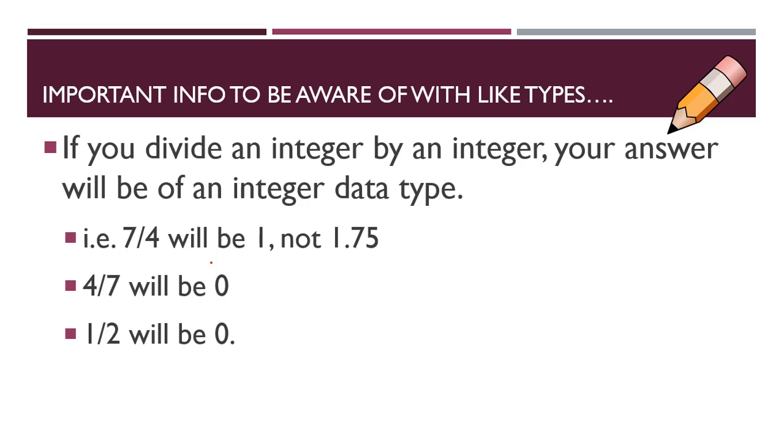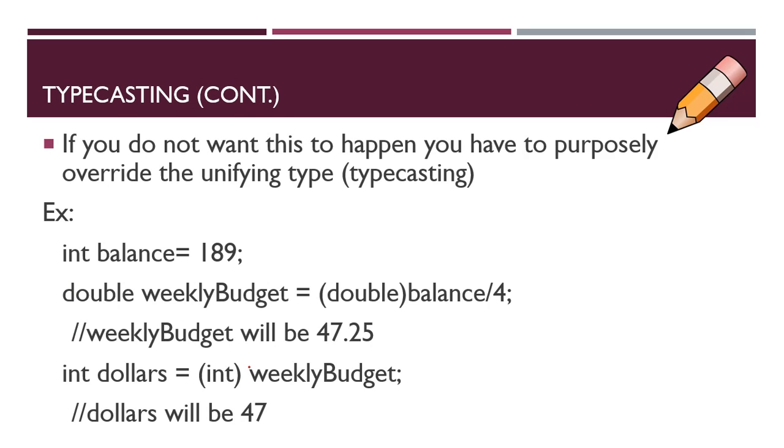But here's the thing. He sees that 7 and that 4 as integers, and he's going, I'm sorry, I can only give you an integer back. So in this case, 4 divided by 7, that's 0. 1 divided by 2, that's also 0. So this is going to make our lives kind of difficult, and it's very common that we as programmers will forget that this exists. So we have to be super careful as we're working through this.